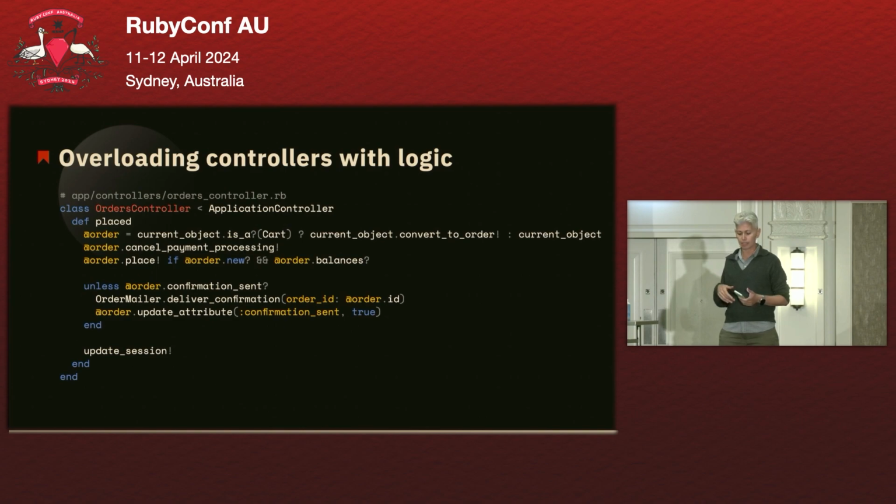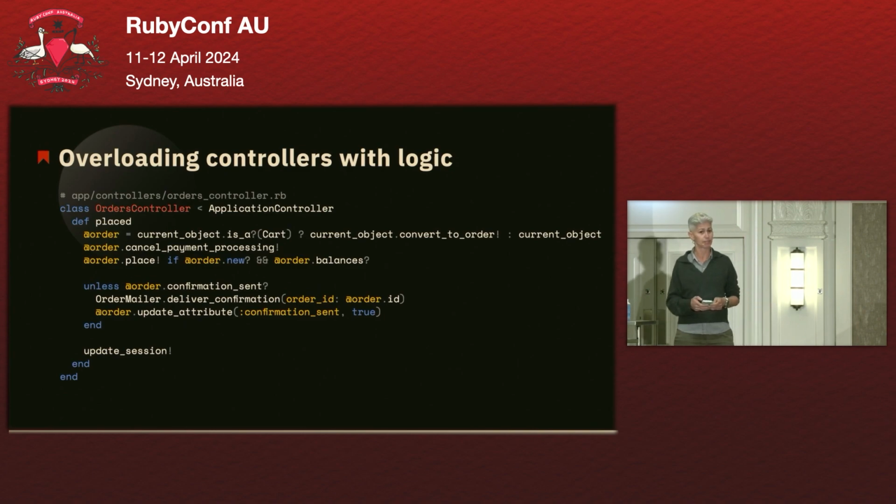And then it's sending a confirmation. Now, this is just one example that I grabbed from a project that I used to work on. This does way too much. And in the end, it also updates the session. And the last thing that I haven't mentioned, if we look at the action name, it's called placed instead of the usual REST actions that we can have.